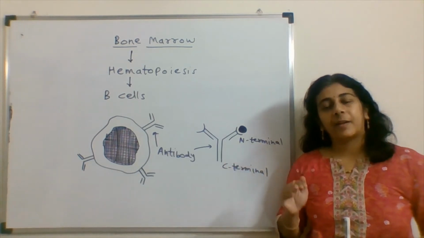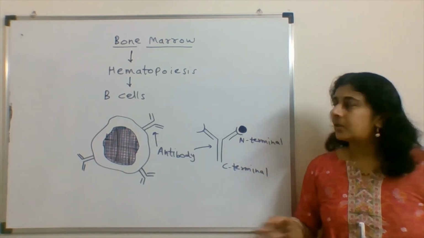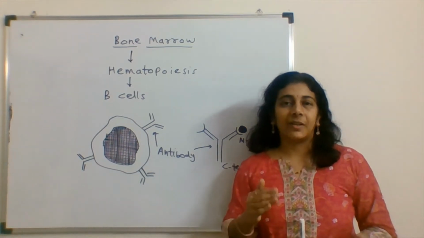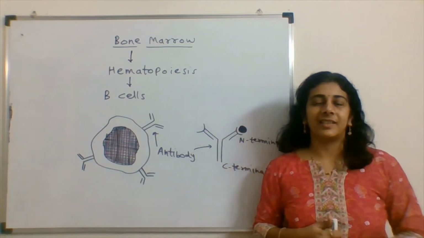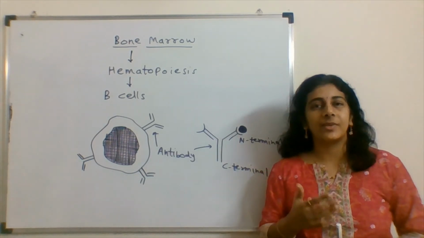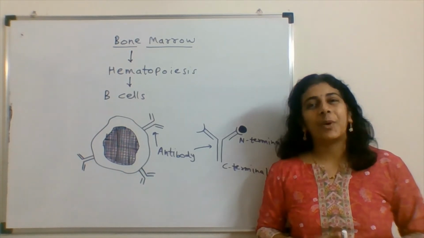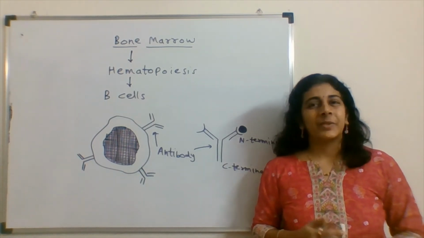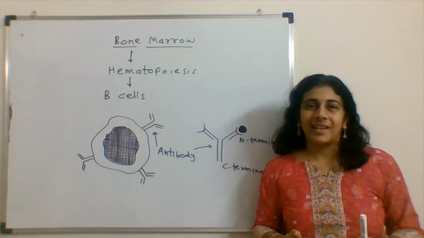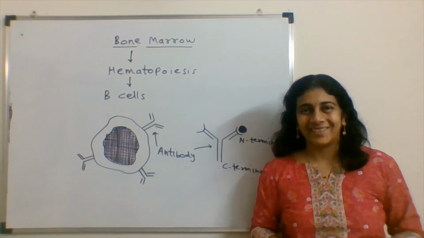Towards the N-terminal end, there is the binding of antigen. One B cell, when it encounters antigen, can synthesize and express around 2000 antibodies per second. See how vast the number is.